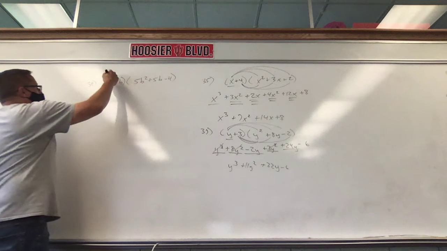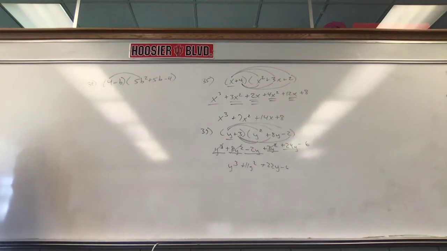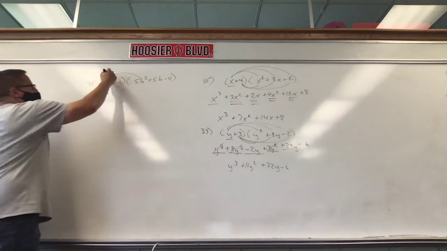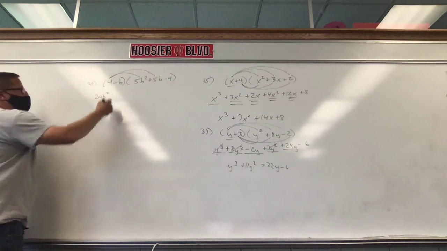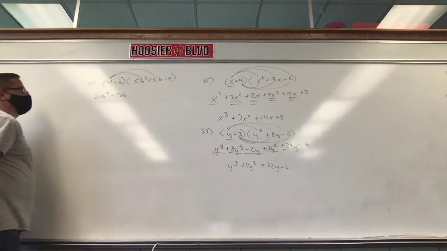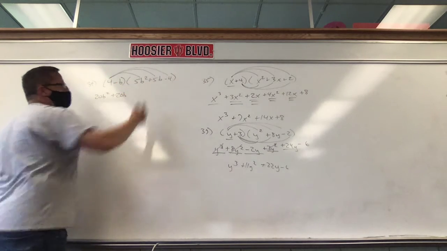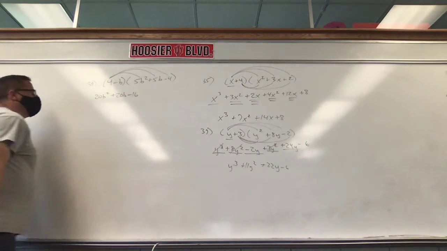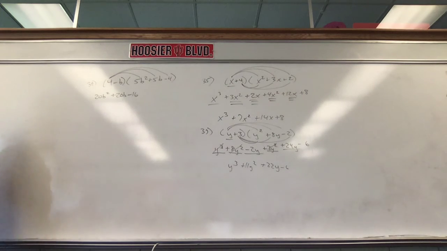Okay? So 4 times 5b squared is 20b squared. 4 times 5b is 20b. And be careful, students will see 4 and negative 4 and think all of those cancel. They cancel if you're what? Adding. We're not adding. 4 times negative 4 is negative 16. Now we times by what? Negative b.